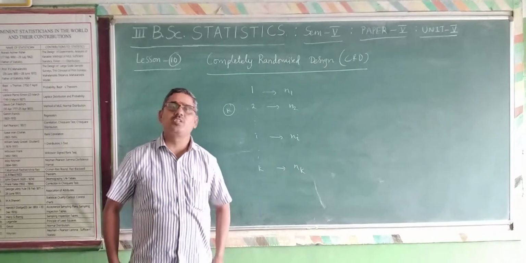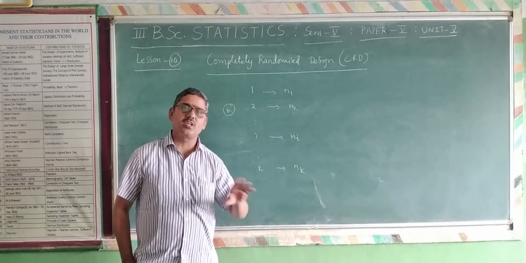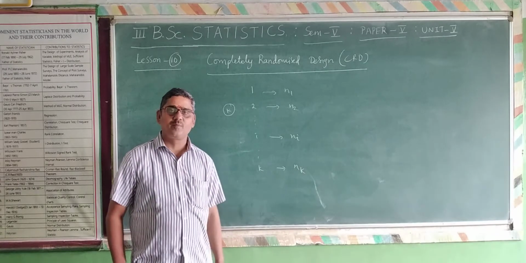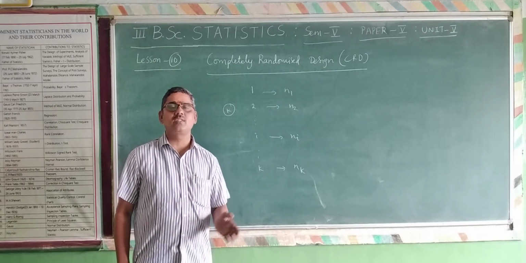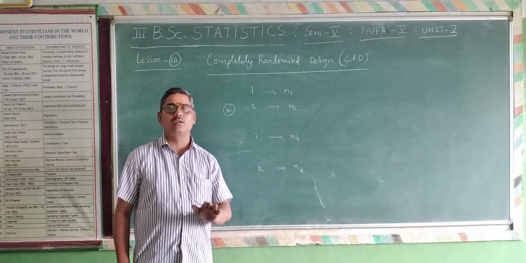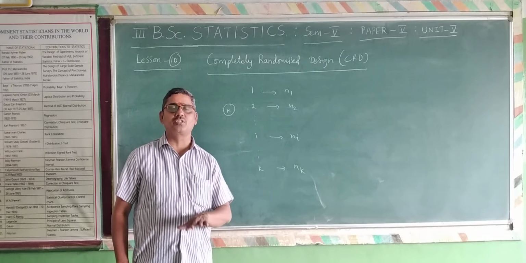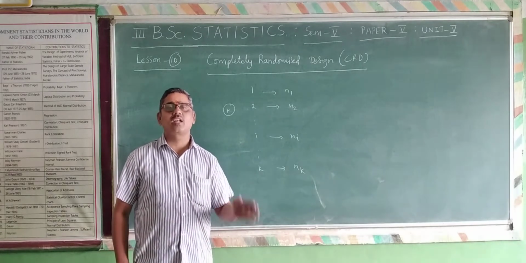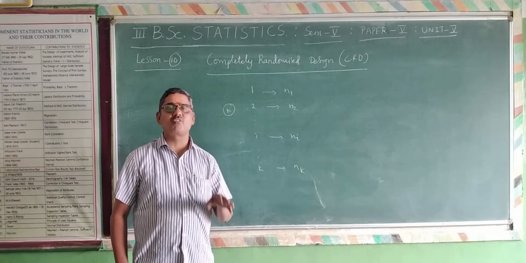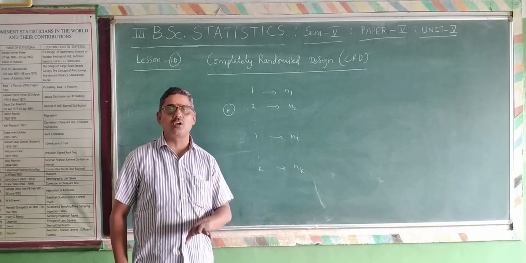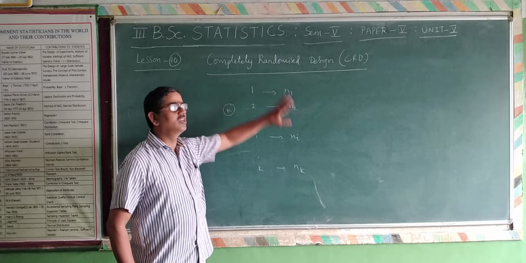So this is the principle of replication. Randomization simply means that all the treatments are allocated randomly to the experimental units over the entire experimental material. Using the principles of replication and randomization is called completely randomized design.